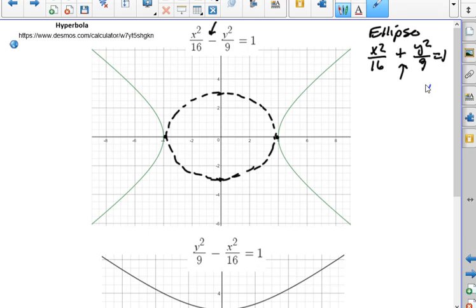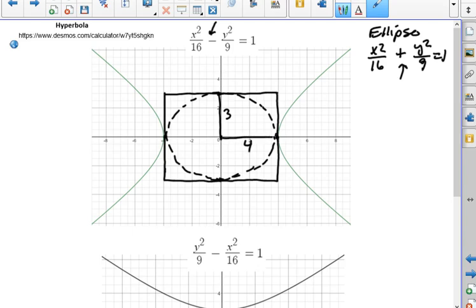Now, if I go a step further and draw a rectangle in which this ellipse is inscribed, so its vertices are touching the sides of the rectangle like so. This is my distance 3 here, and this is my distance 4.